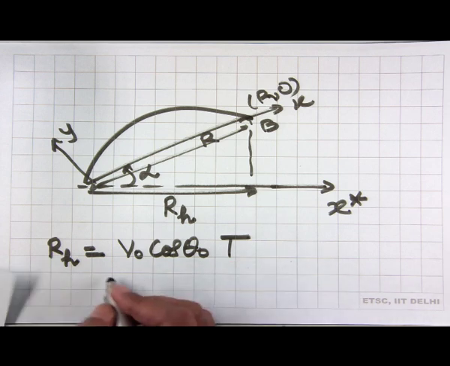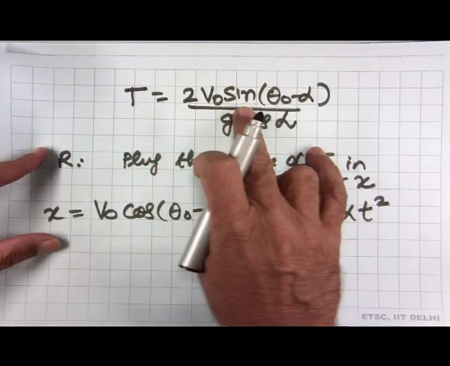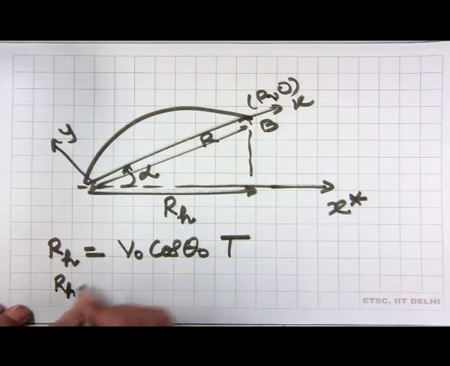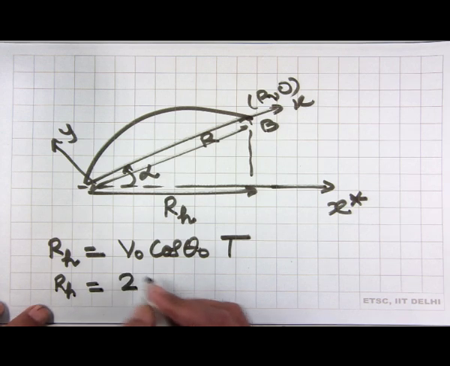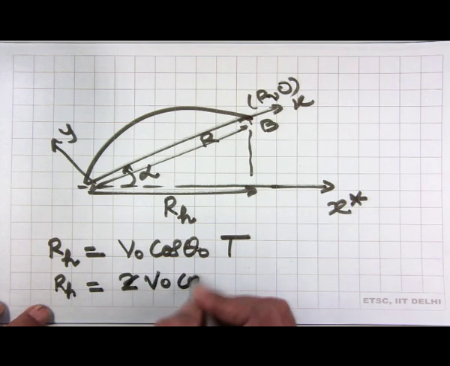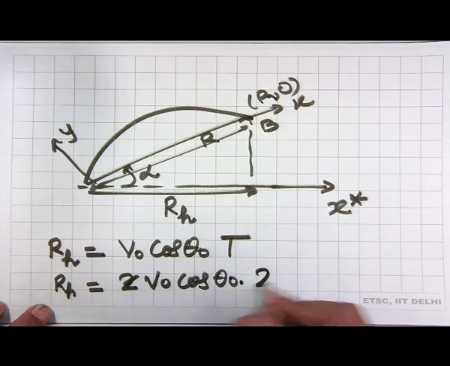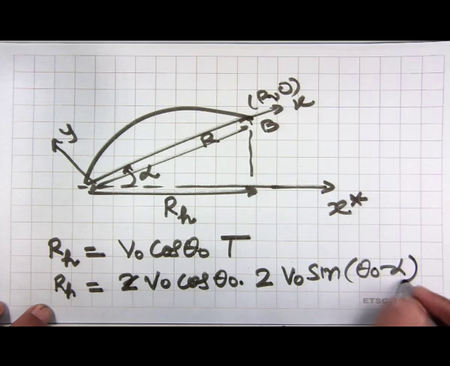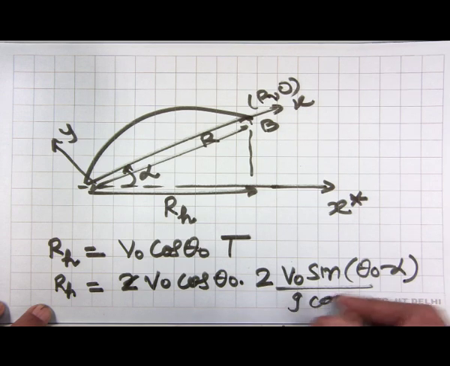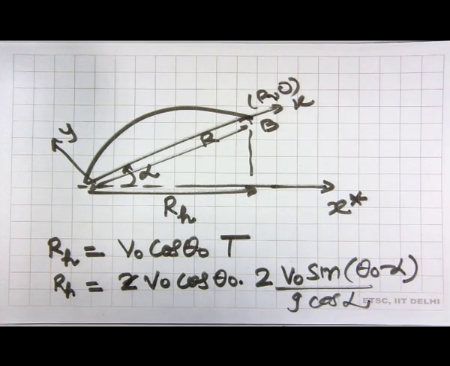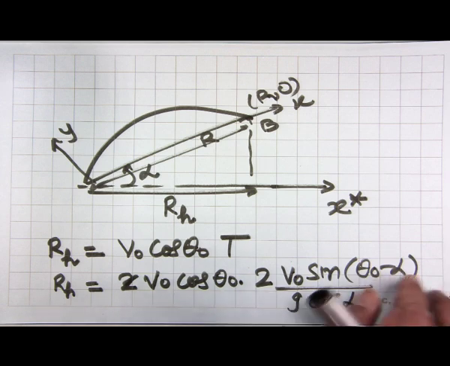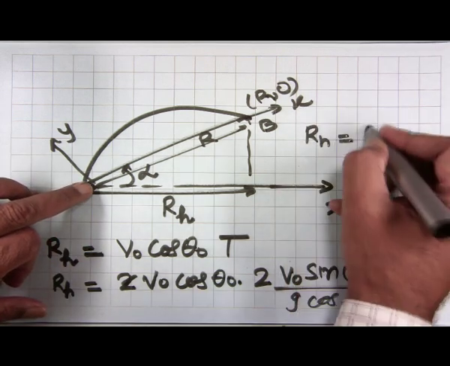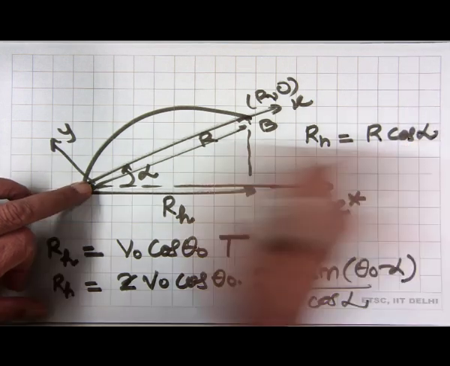And capital T, which we have just seen, is equal to 2 v0 sin(theta 0 minus alpha) upon g cos alpha. Therefore, I can get R sub h is equal to v0 cos theta 0 multiplied by 2 v0 sin(theta 0 minus alpha) divided by g cos alpha. What we realize is R sub h is nothing but the range times cos alpha.